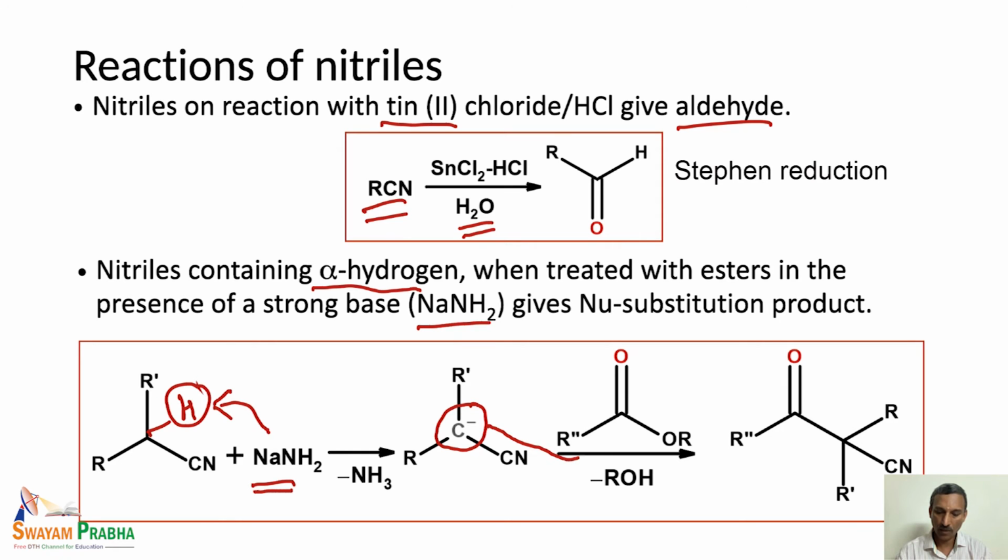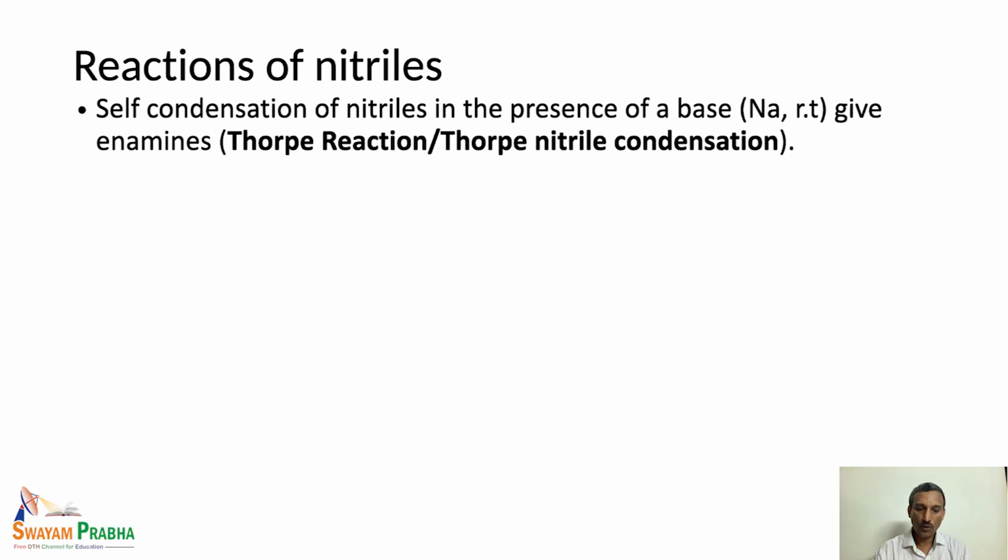This carbanion will come and attack the ester, and this is how the reaction proceeds. In the charge reversal step we lose the OR group. So, that is where we have written minus ROH. During the charge reversal step, this OR is lost and we end up with the corresponding nucleophilic substitution product as shown here.